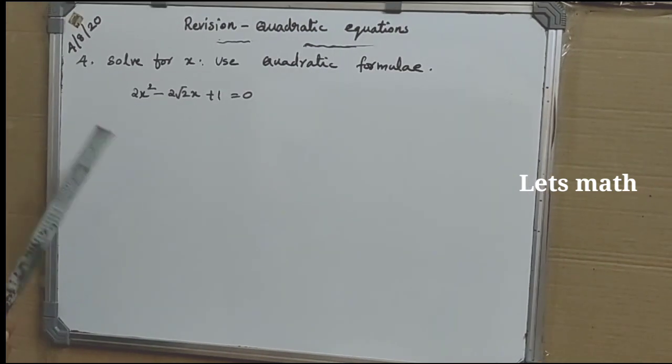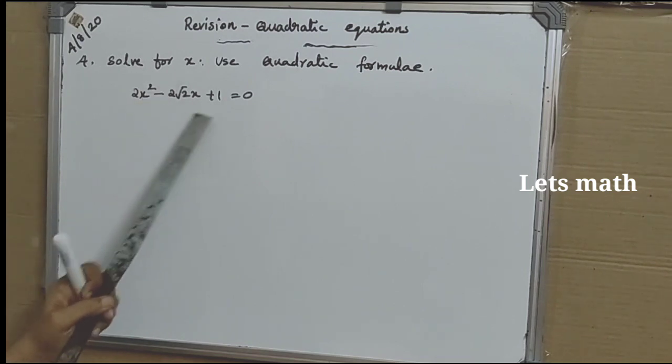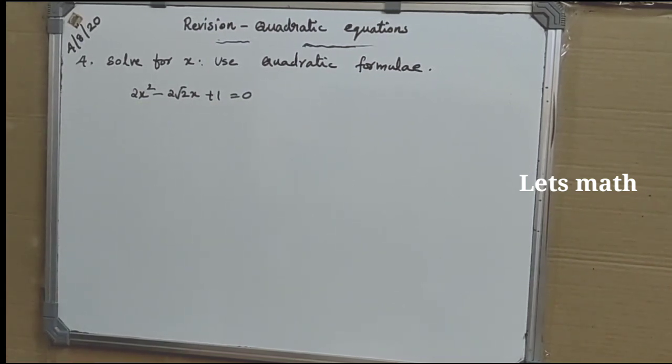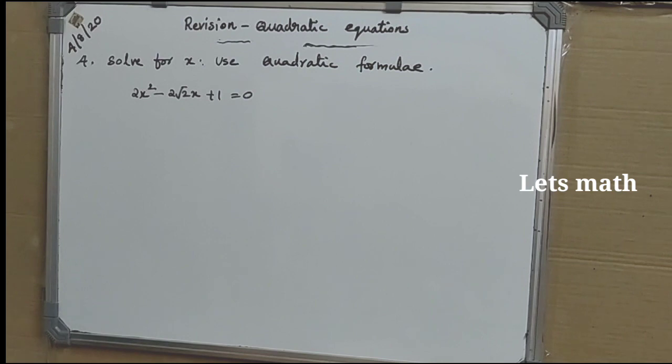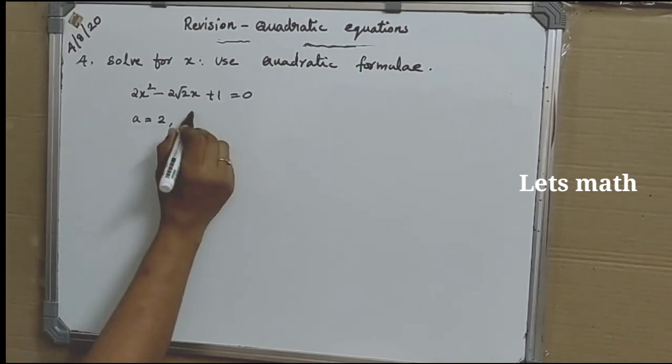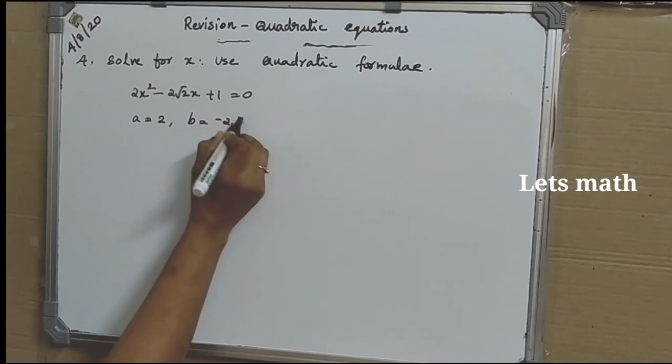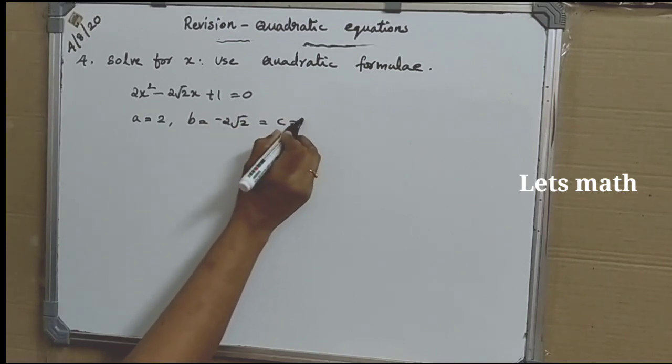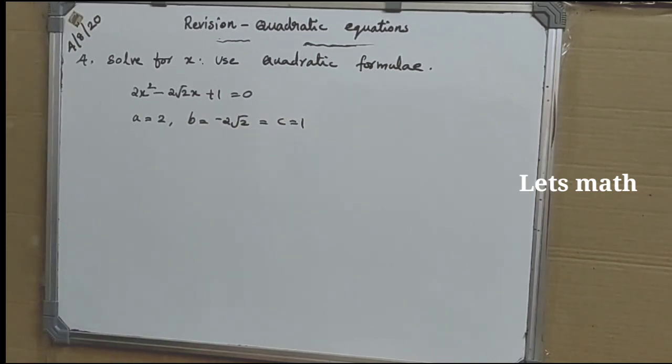Okay. Next question. Solve this equation by using quadratic formula. Now let us solve. Here from the equation we can write what is a, b and c. Okay, a equal to 2, b equal to negative 2 root 2 and c equal to 1.